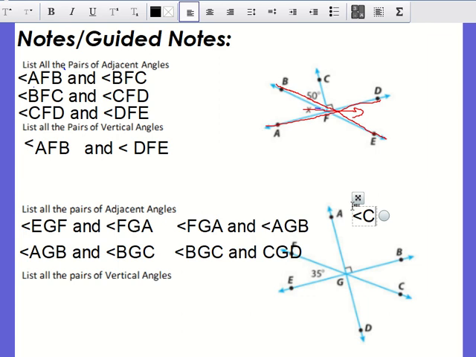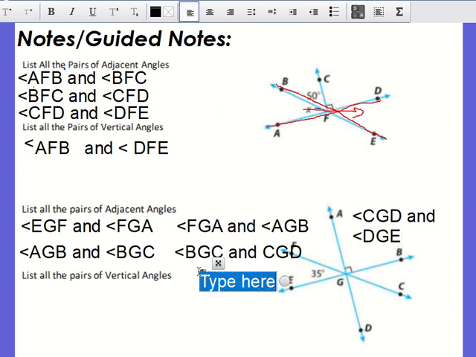Angle CGD and angle DGE. And then we have one more, trying to fit it in here. Angle DGE and angle EGF, back where we started.